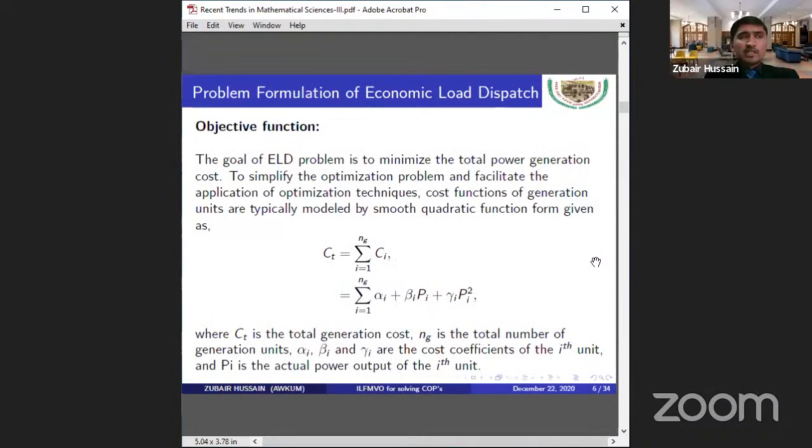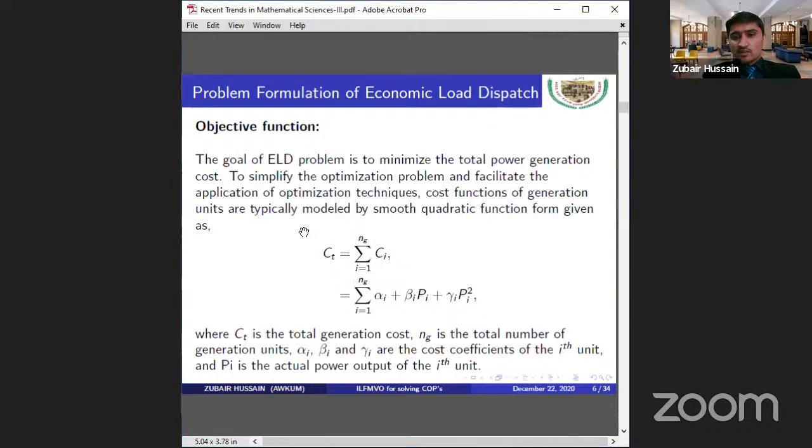For a mathematical problem, we need an objective function. So as I have discussed earlier, the goal of the economic load dispatch problem is to minimize the total generation cost. To simplify the optimization problem and facilitate the application of optimization techniques, the cost function of generation units is simply modeled by a smooth quadratic function, which can be written in this form.